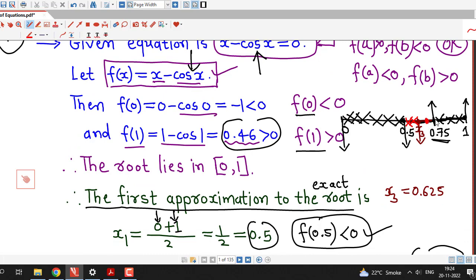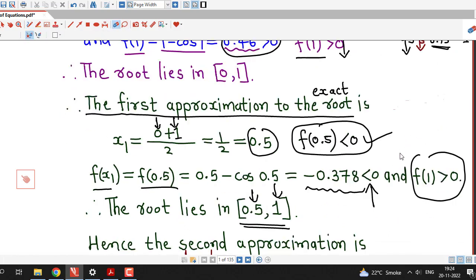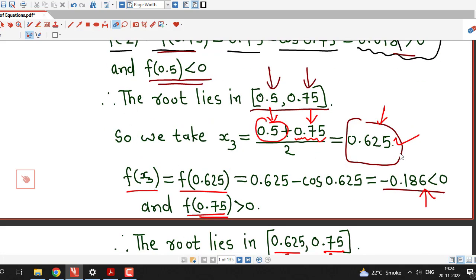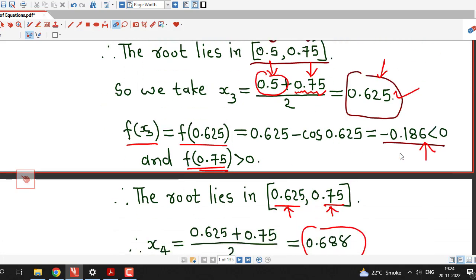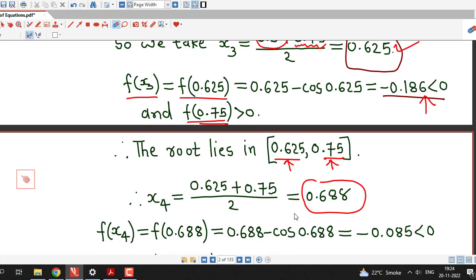Midpoint of the interval x3 and 0.75 is x4. So we repeat this procedure. So here I have written that this root lies in this interval 0.625 to 0.75. Therefore, next approximation x4 is average of 0.625 and 0.75, which is 0.688.